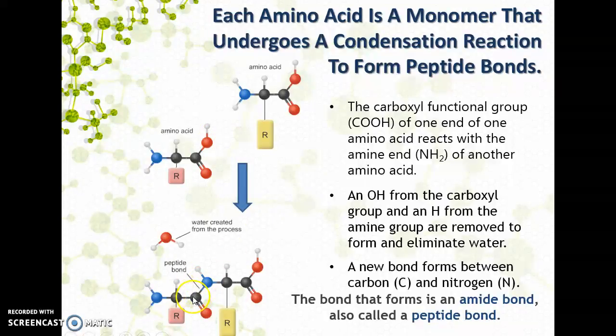So that's this right here. That's what connects two amino acids in a protein. It's sometimes called an amide bond. I've heard it referred to more as a peptide bond though. So the monomer is amino acids, the polymer is protein. The amino acids are connected by peptide bonds.